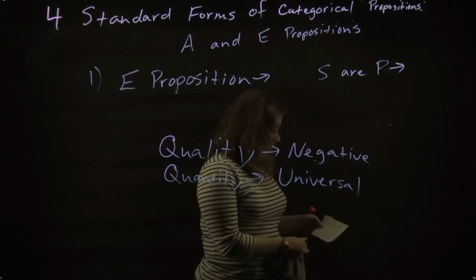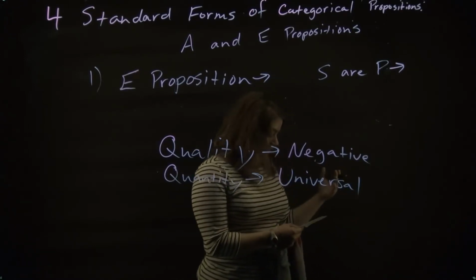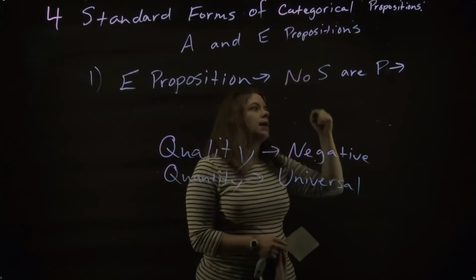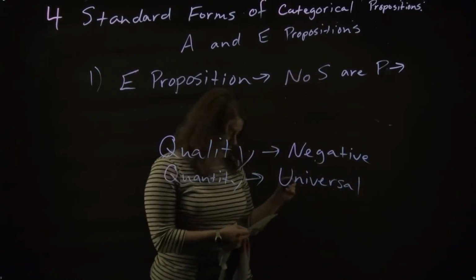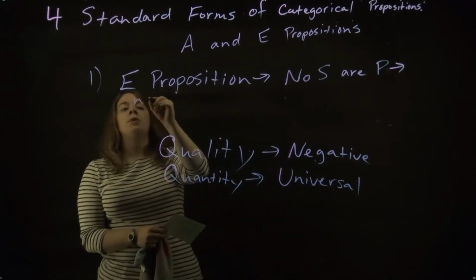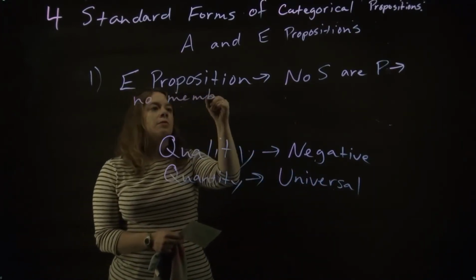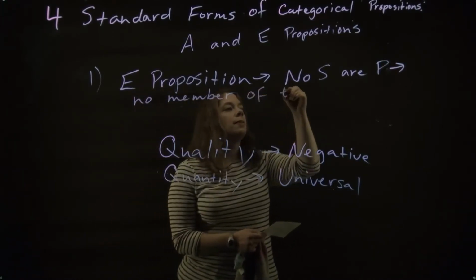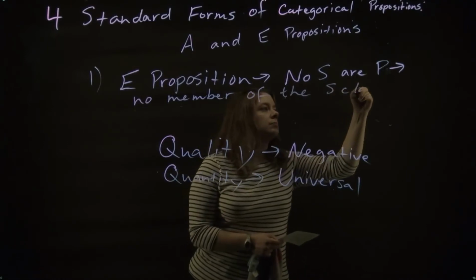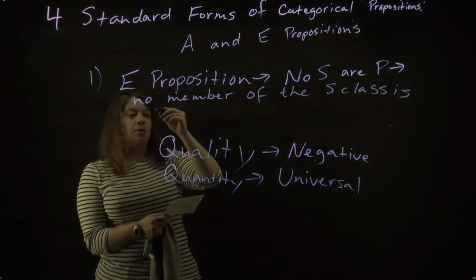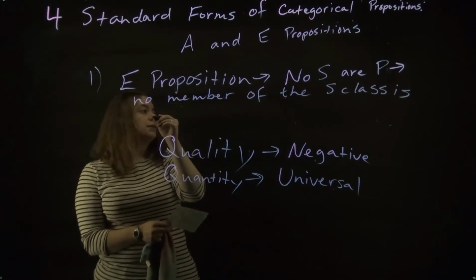When we're talking about negative universal propositions or E propositions, the form of those propositions will be "No S are P." In other words, no member of the S class is a member of the P class.